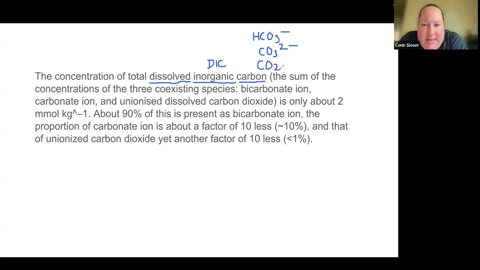So if we think about this, it's a relatively small amount. So 2 millimoles per kilogram. And 90% of that is going to be our bicarbonate. Only about 10% is our carbonate.